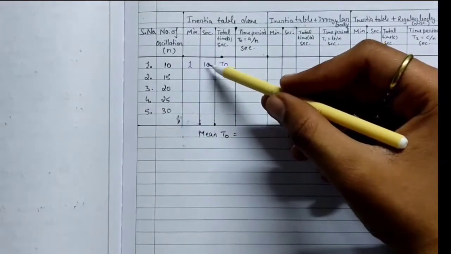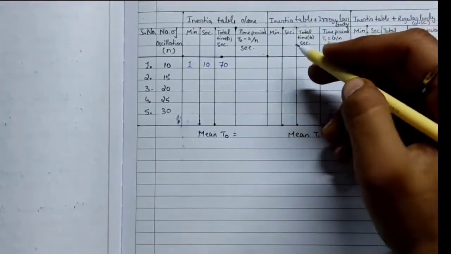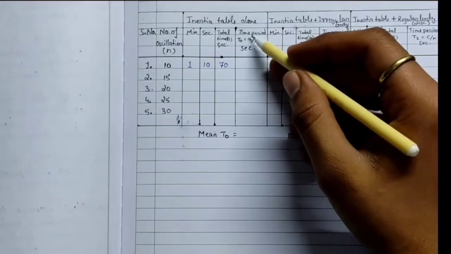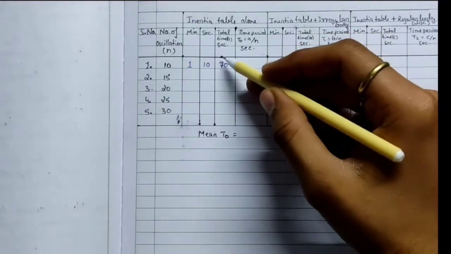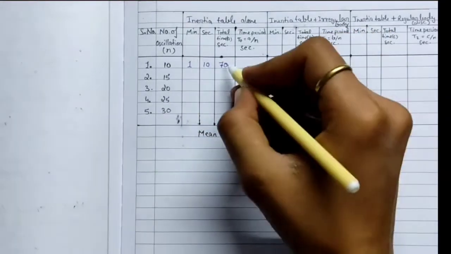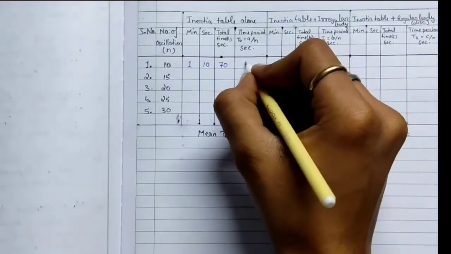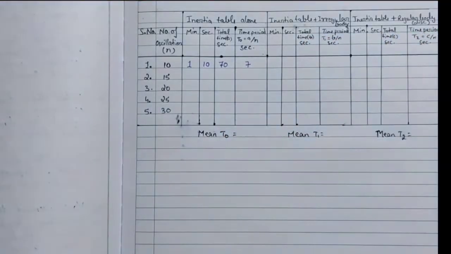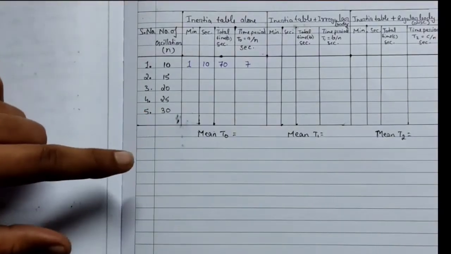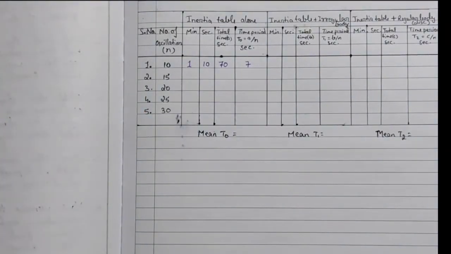This is known as 60 seconds plus 10, which is 70 seconds. So अगर हम लोग इसे टाइम पीरियड के फॉर्म में निकालें a by n, so here is a and this is n, 70 by 10, which is 7 seconds. तो हम इन सभी का निकाल के आपको सीधे रिजल्ट दिखाते हैं, देन वी मूव टू आवर सेकेंड पार्ट.